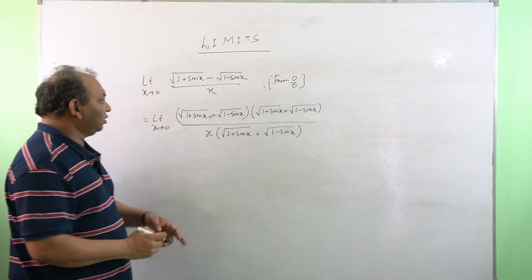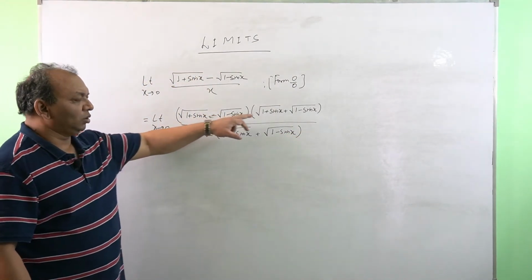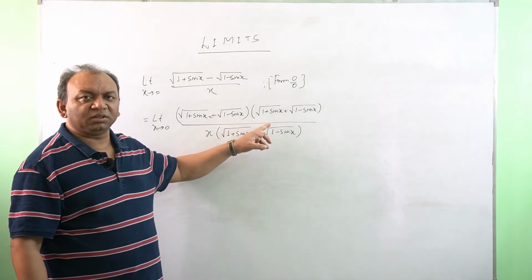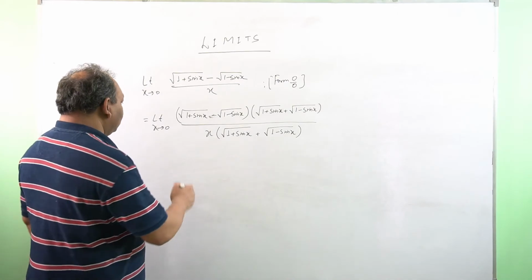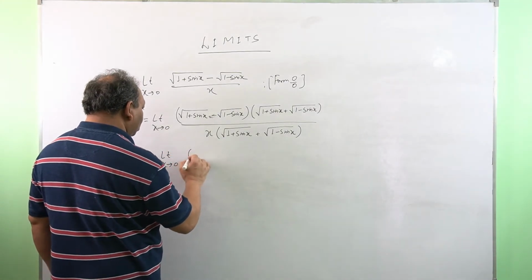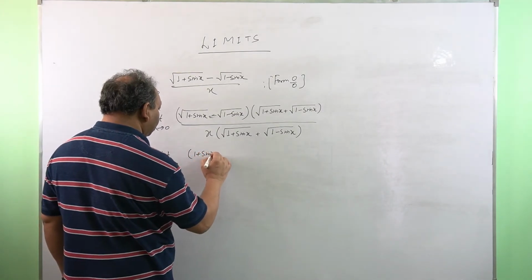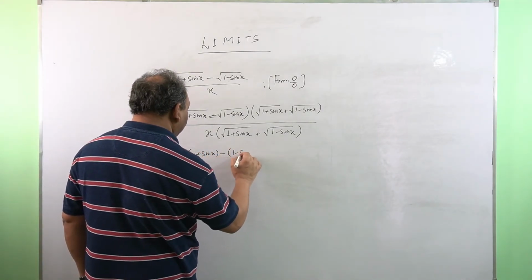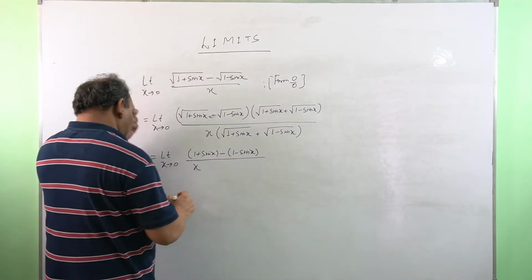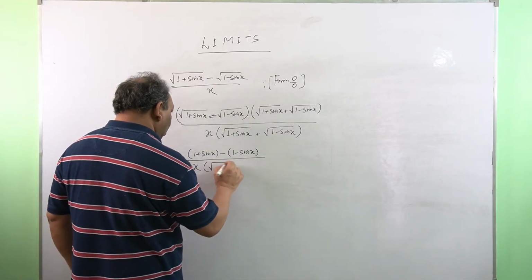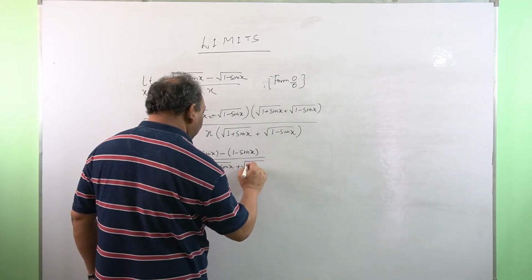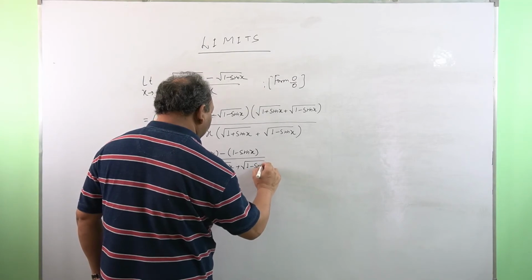In the numerator, the form is (a − b)(a + b), and we know that (a − b)(a + b) is a² − b². So the numerator becomes limit x tends to 0, (1 + sin x − 1 + sin x) divided by x into (√(1 + sin x) + √(1 − sin x)).